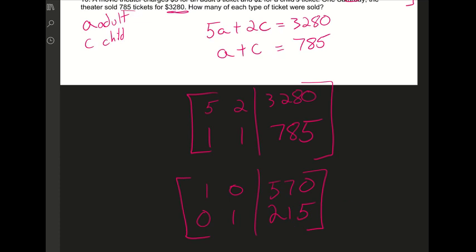Once you've done that, you end up with this as our solution, where there's 570 adult tickets, because our 5 and 1 are our coefficients for our A here, which we've labeled as our adult tickets, and then 215 children's tickets. So take a look at the problems that are on the assignment and the instructions for those problems.